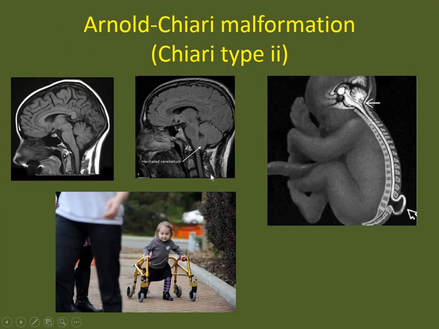So Arnold-Chiari malformation, which is also known as Chiari type 2. In Chiari malformation there are 4 types, and the second type is known as Arnold-Chiari malformation, named after the researchers. So Chiari type 2 Arnold-Chiari malformation is basically associated with meningomyelocele, right?